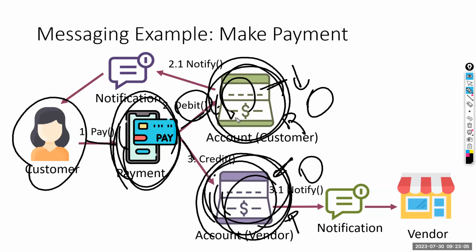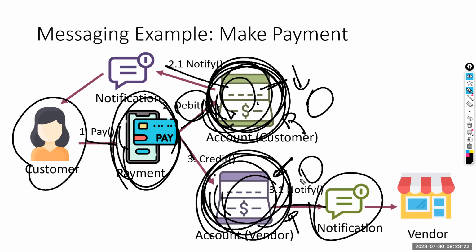So then maybe the customer object is sending a notification. Call the notification object, invoke the notification. Both are account objects, so two account objects are calling the notification behavior of the two notification objects.